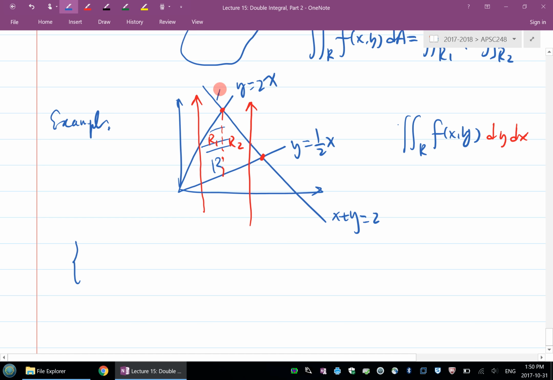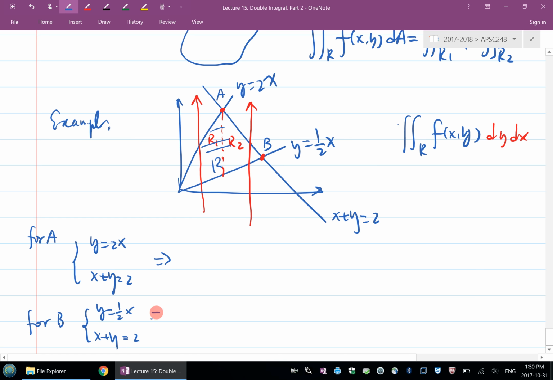So let's say this is point A, and this is point B. For point A, you're solving y equal to 2x and x plus y equal to 2. And for point B, you're solving y equal to half x and x plus y equal to 2.